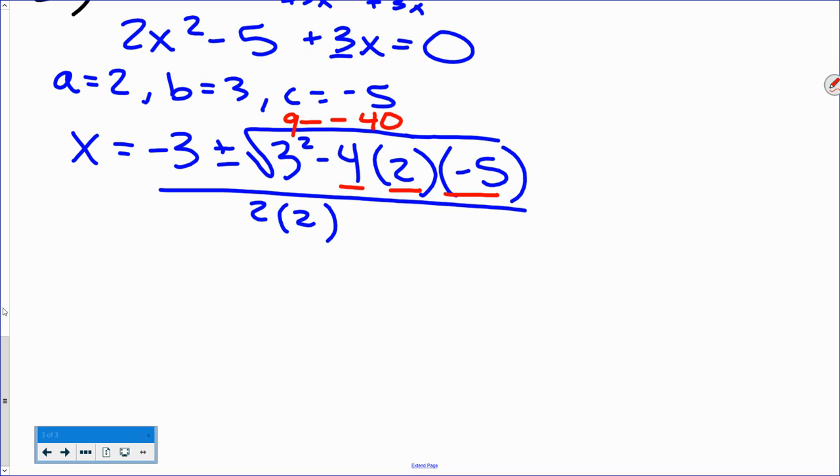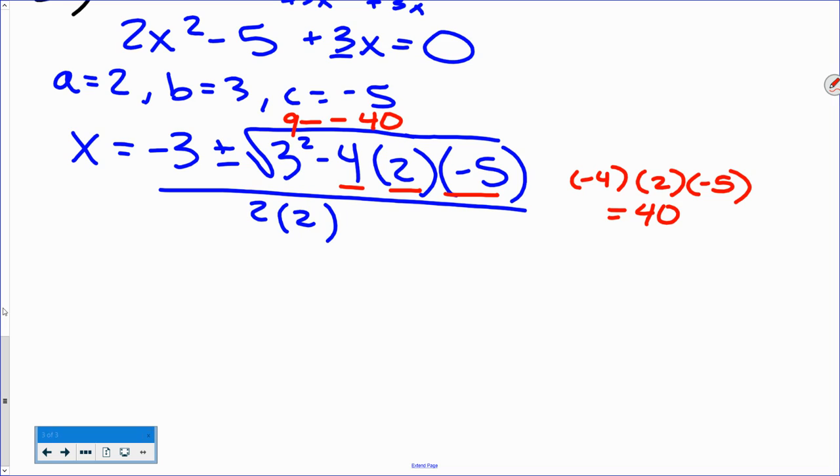So I'm subtracting a negative, which turns it into plus. Another way you can think of it, I typically ignore that as a subtraction sign, and I take negative 4 times 2 times negative 5 and come up with positive 40, and then know I'm adding 40 to 9. For me, I make less mistakes that way on the sign.